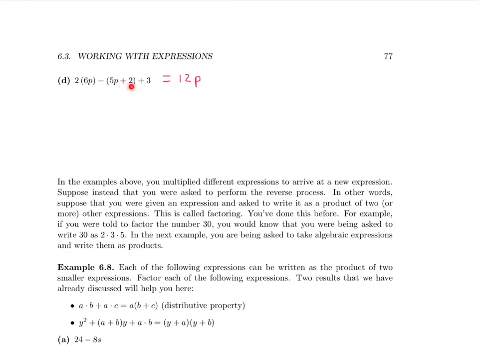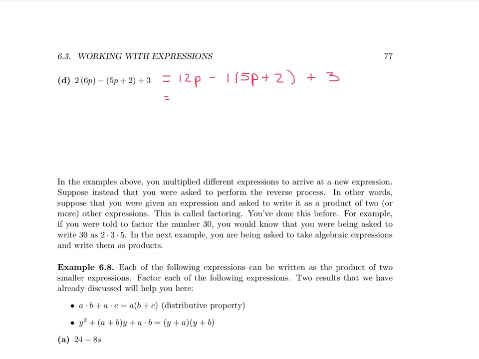It's common to make sign mistakes in cases like this, so this is another situation where I recommend turning the subtraction into addition. So I'm going to take an intermediate step, and I'm going to write minus 1 times the quantity 5p plus 2, and then plus 3.